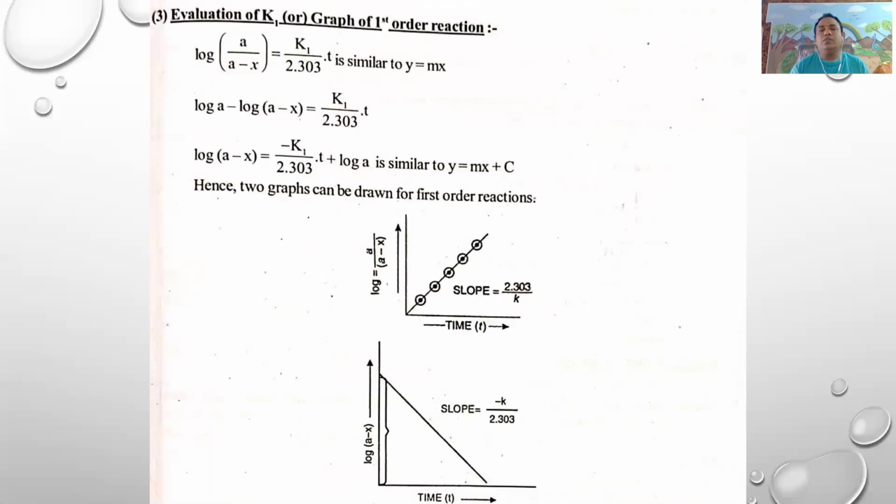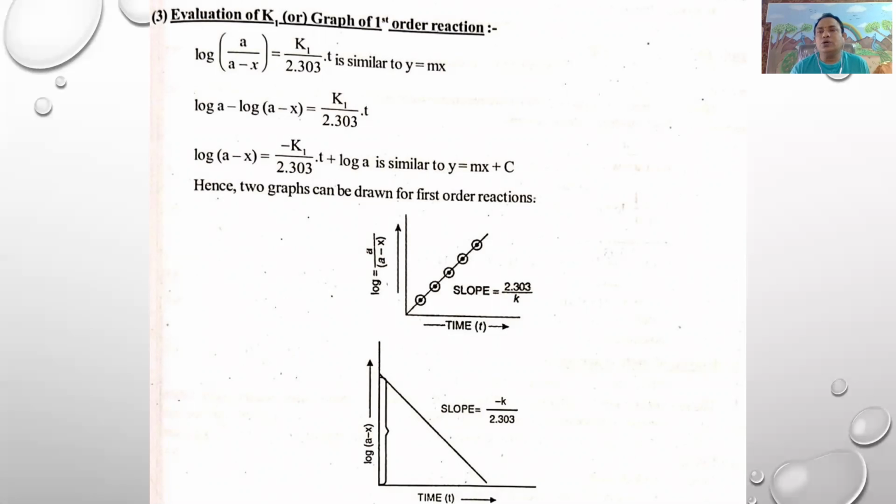Next one, the third point is evaluation of rate constant by graphical method, or generally to plot the graph for any order, that may be zero order, first order or second order. First, the rate constant equation is converted into the y is equal to mx plus c general equation.